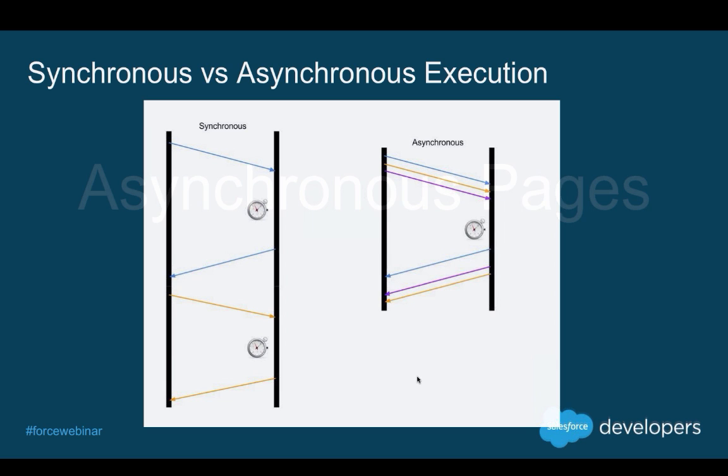Asynchronous pages allow a different dynamic for the user to interact with them. When we have a page that works synchronously, like a standard Visualforce page that uses the Ajax re-render loop we were talking about earlier and the normal get postback loop that we were discussing, you can fire off a request, it'll go away and work on the server, and then it will come back, and you have to wait some time, and then you can fire off another request, possibly to another server, and you can have that wait and come back.